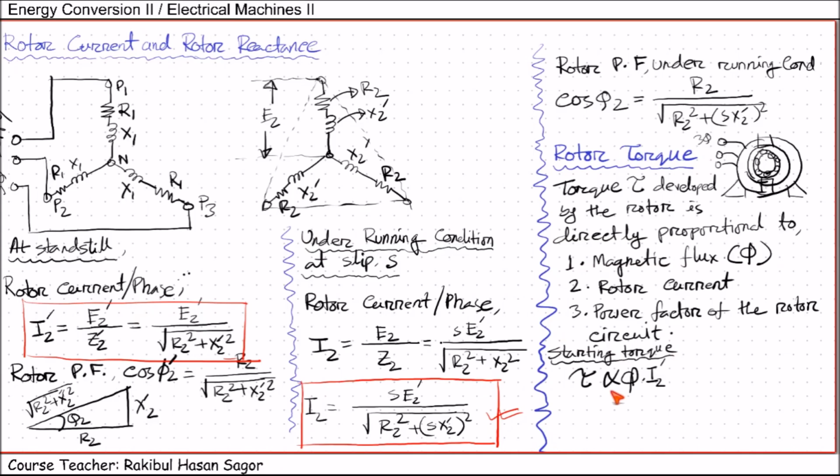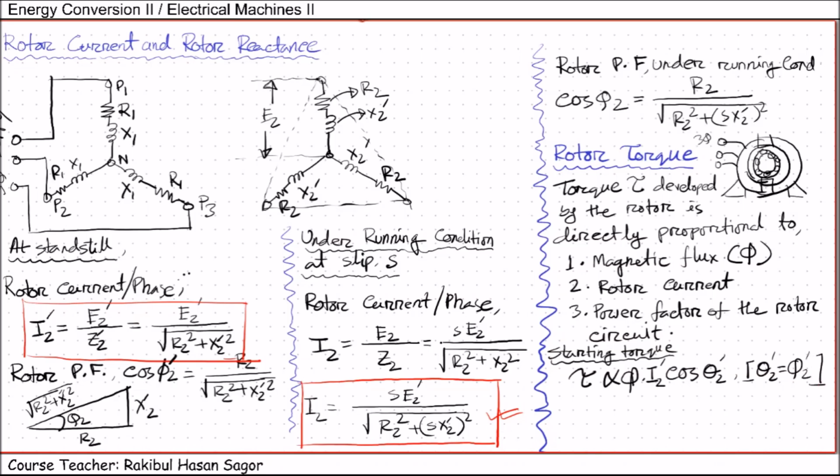That starting torque tau is directly proportional to phi I2 prime, that means current at a standstill, into cos theta 2 prime. Here remember this theta 2 prime is another notation of our previous phi 2. That means this is the power factor angle at a standstill condition in the rotor side.